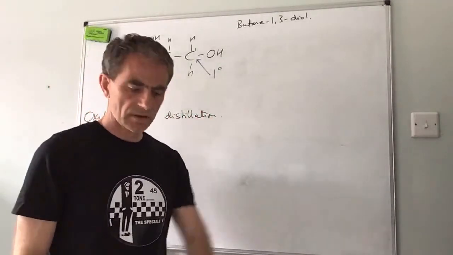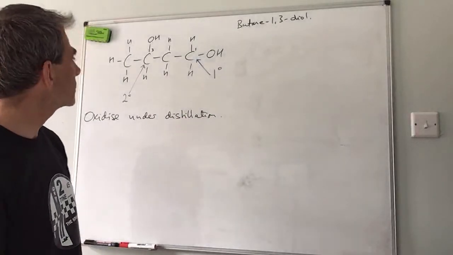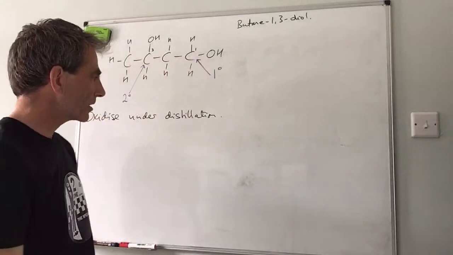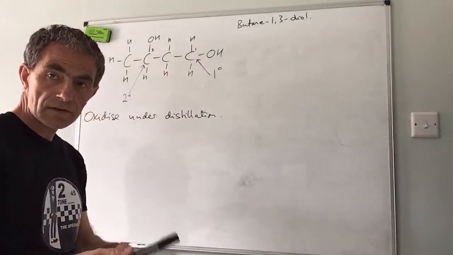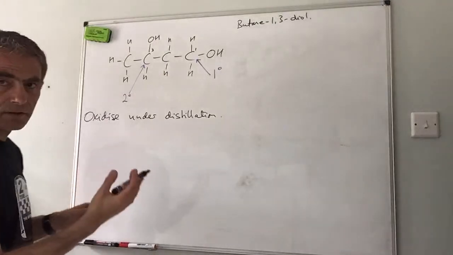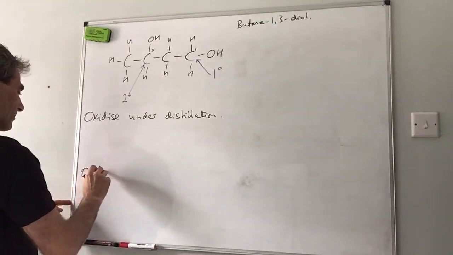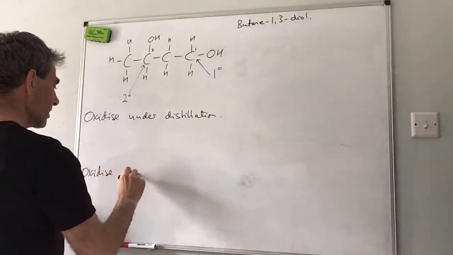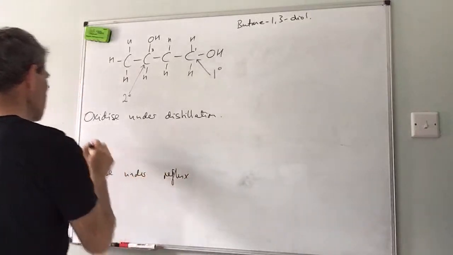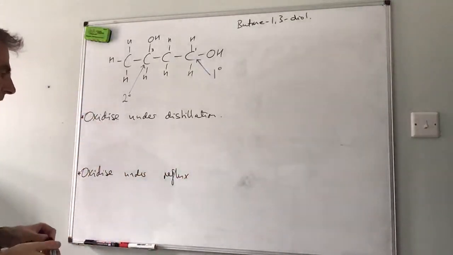I'm going to give you 30 seconds just to think about what would form if that was oxidized under distillation, and then I'm going to do reflux as well, so I'll give you a little bit of time to think about that. If you want to think about the equation as well, we'll look at that as well. Oxidize under reflux. Okay, so we'll do both types.